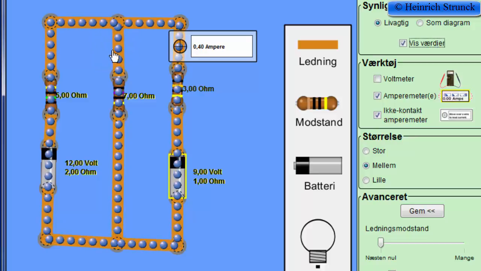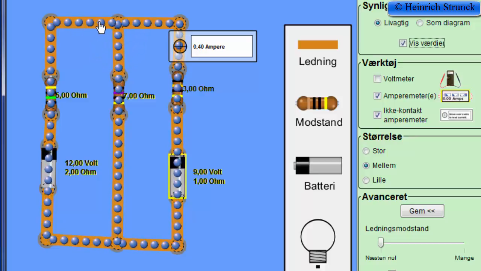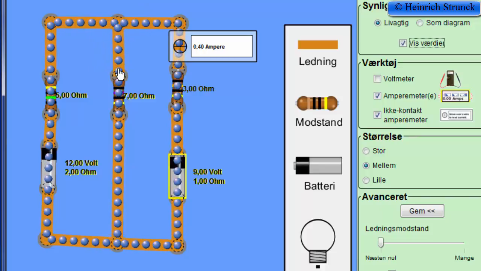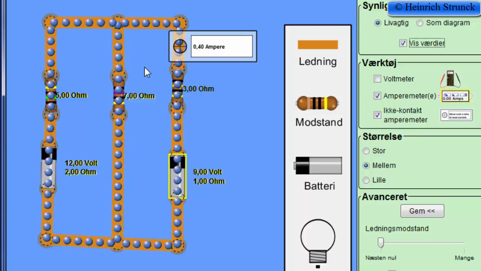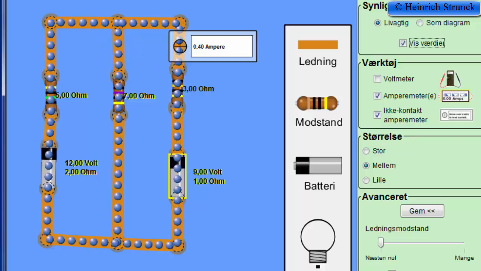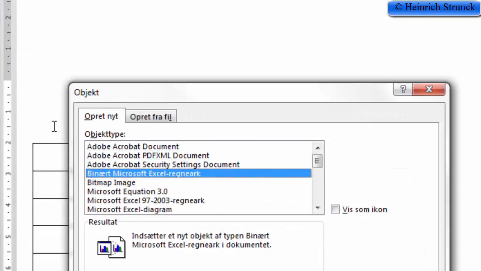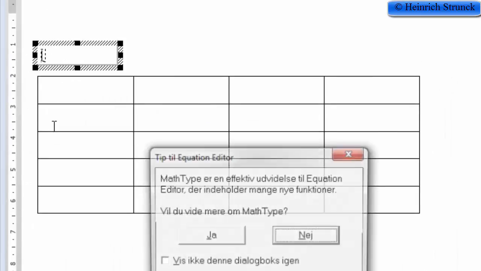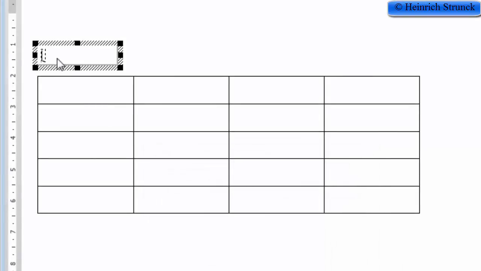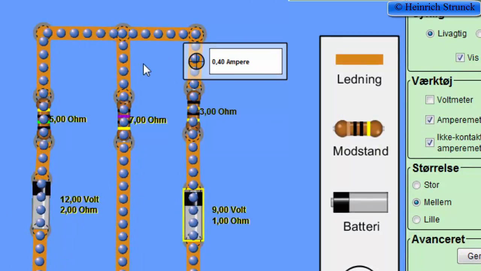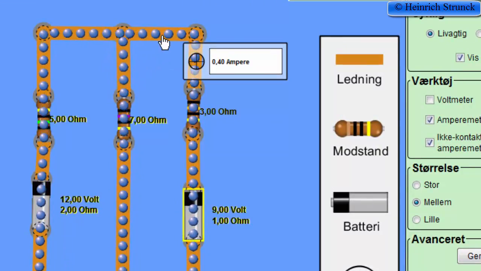Or you can also say that the current which goes to the connection point is positive and the currents which go from the connection point is negative. We'll try to make some equations so we can find out the values for the current I1, I2 and I3.